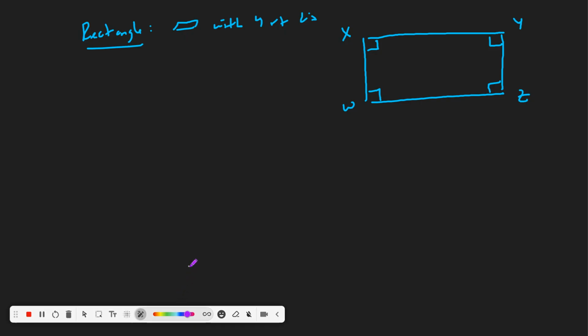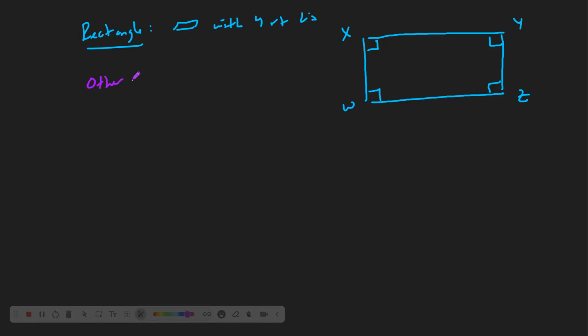Now this also has another property. It also has to do with the diagonals. So I will draw in WY and XZ. Now in this case, because this rectangle is not slanted, those two diagonals are actually the same length.